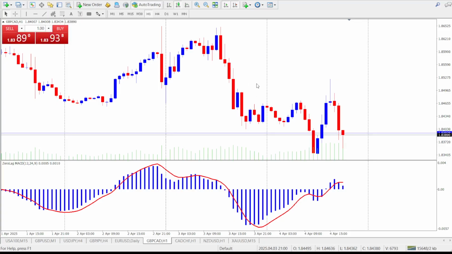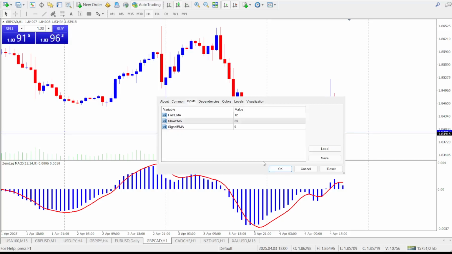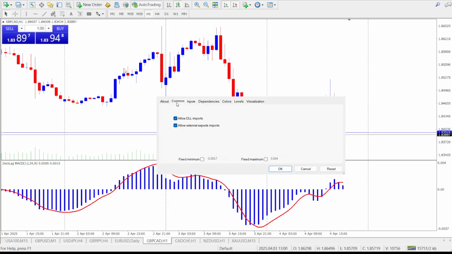The basic concept behind this indicator is simple. It helps you assess whether the market is in a bullish or bearish trend by comparing the relationship between these moving averages. When the fast EMA is above the slow EMA, the market is typically considered to be in a bullish phase.